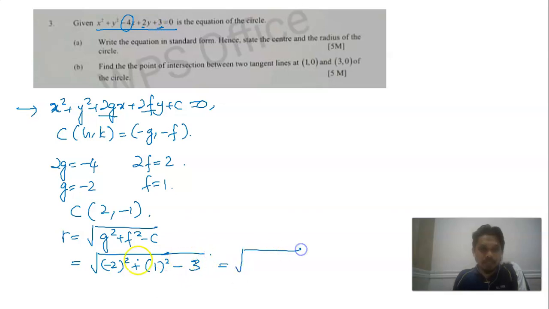Okay, so then negative 2 squared equal to 4, 1 squared equal to 1, and minus 3, sorry. Minus 3. So then 4 plus 1 equal to 5, 5 minus 3 equal to 2, so the radius is square root of 2. Okay.